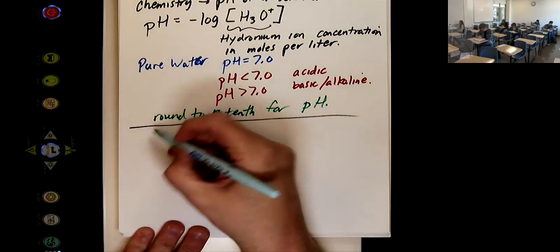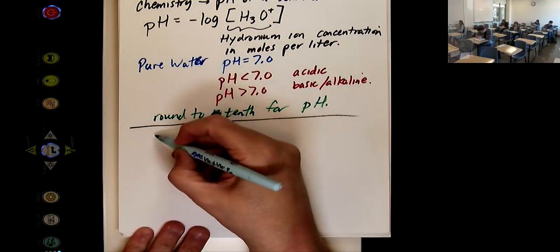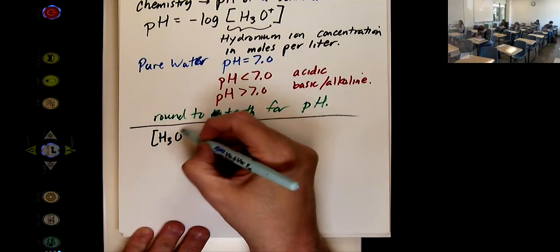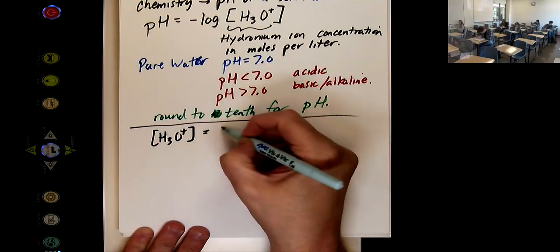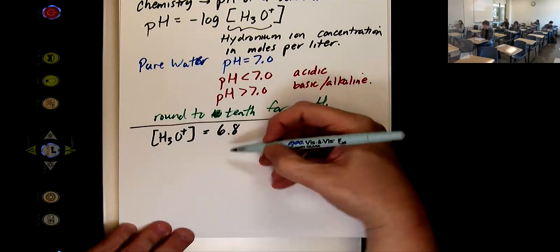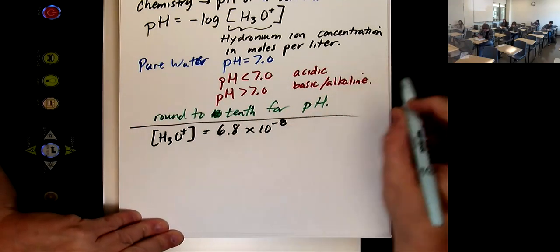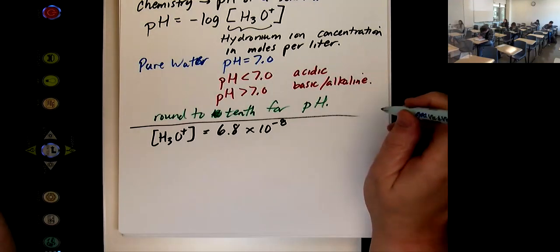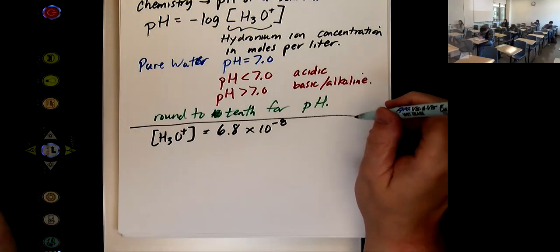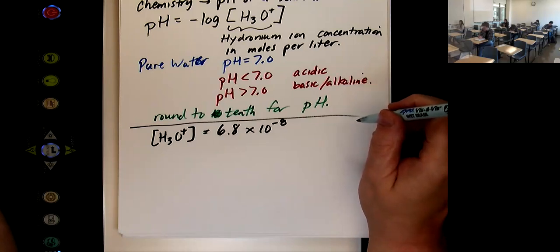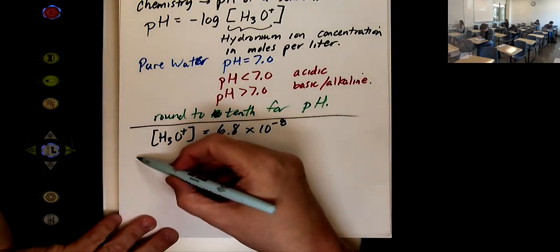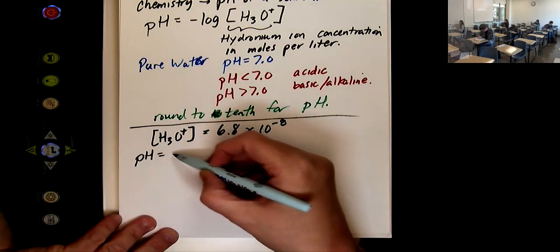So if we have this many H3O plus molecules, 6.8 times 10 to the negative 8, the pH is the negative log of that.